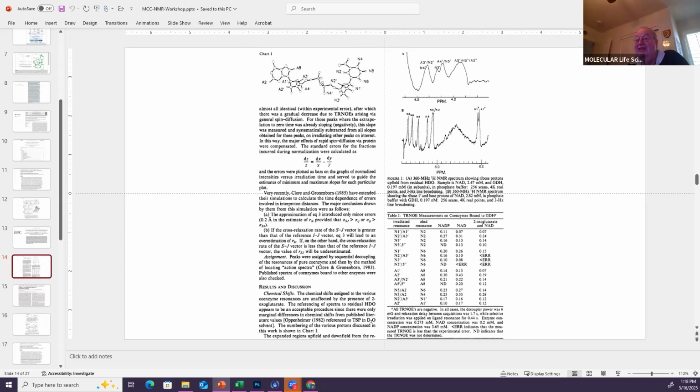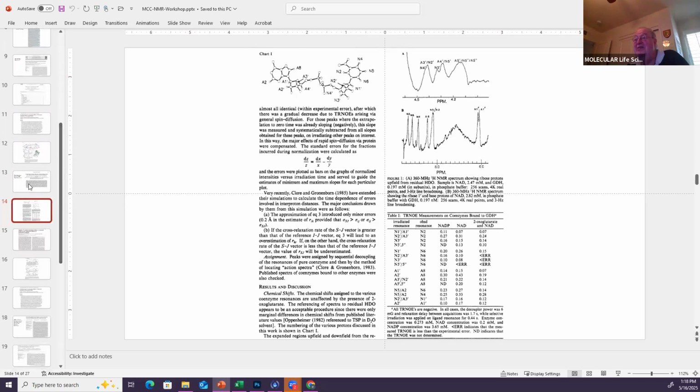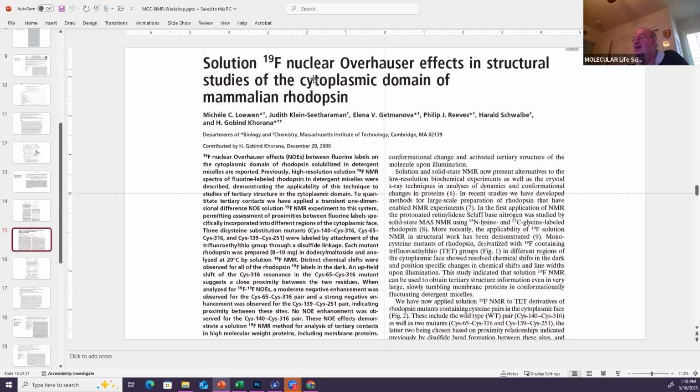This particular paper goes through all the math of doing the transfer nuclear Overhauser effects and the rationale behind it. And then this is something that used fluorine nuclear Overhauser effects in mammalian rhodopsin to look at the conformation.